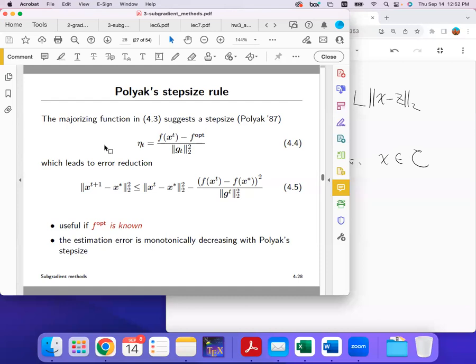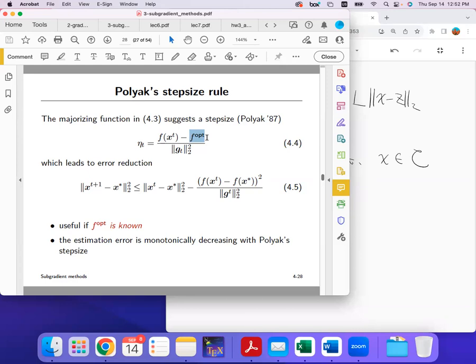However, on the other hand, this step size requires knowledge of the minimum value. In the algorithm we compute g_t, so the denominator can be computed. The norm is not a big problem, and we need to evaluate the function value at each iteration. Also, we need to know the optimal function value beforehand.